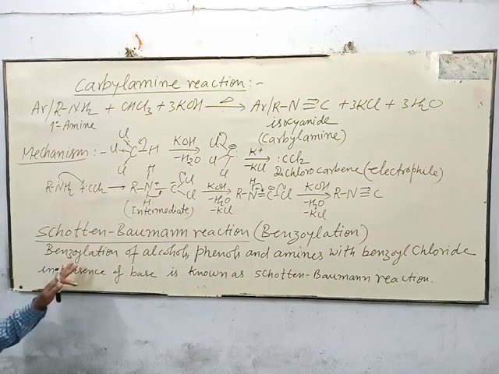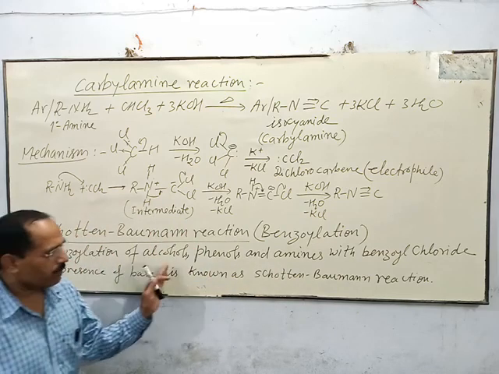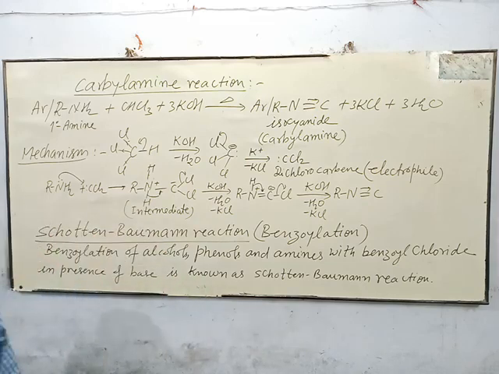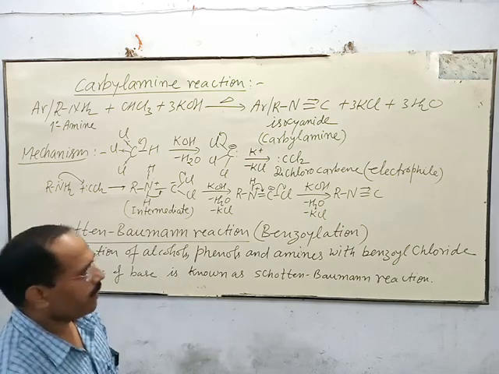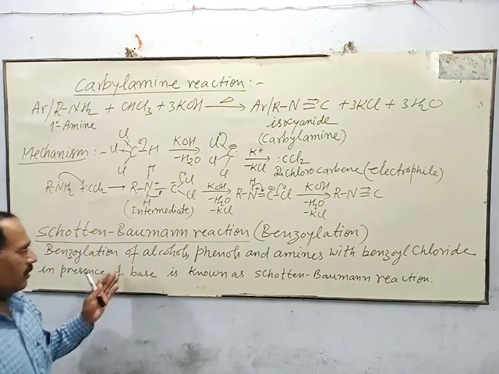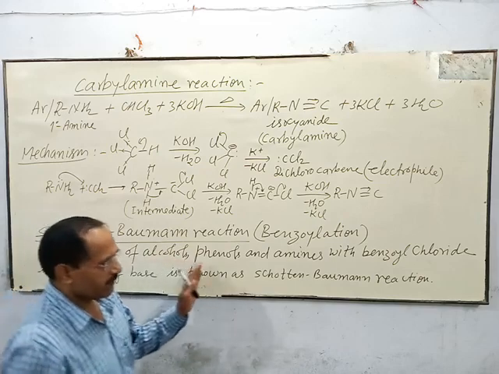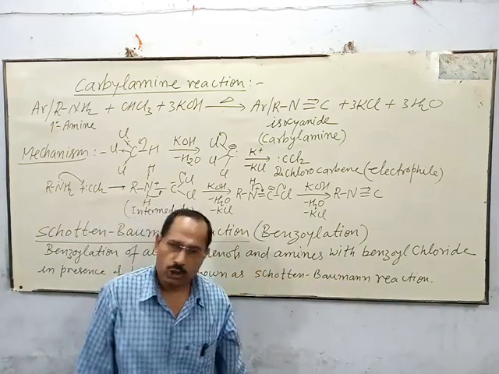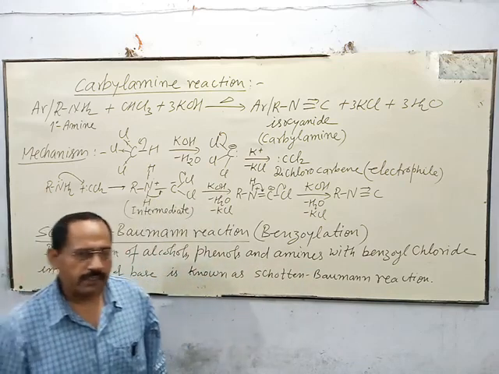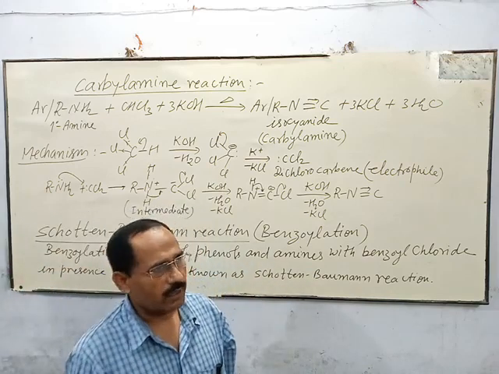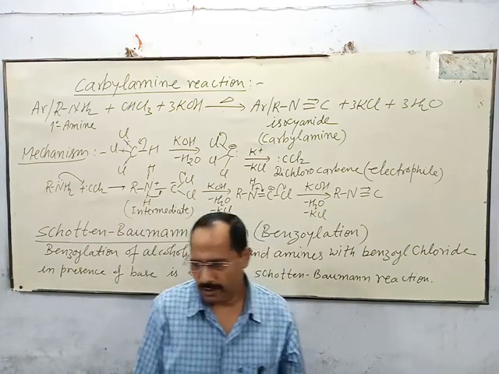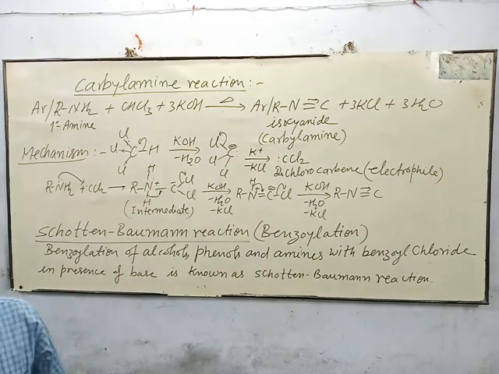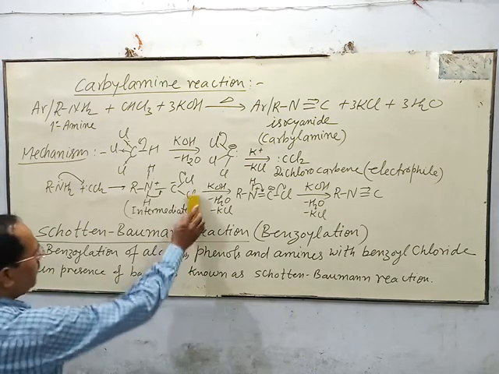When alcohol, phenol and amine react with benzoyl chloride in the presence of a base like pyridine or NaOH, then benzoylation takes place. When amine and benzoyl chloride react in the presence of pyridine or NaOH, an amide is obtained, and N-alkyl amide formation takes place as follows.